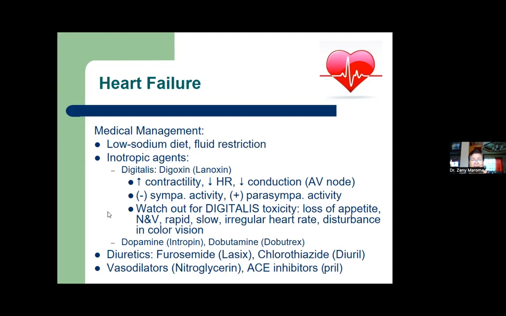Watch out for digitalis toxicity like loss of appetite, nausea and vomiting, rapid, slow, irregular heart rate. There could be disturbance in color vision, and anticipate an order for digoxin level. The therapeutic level of digoxin is 0.5 to 2 nanograms per ml.